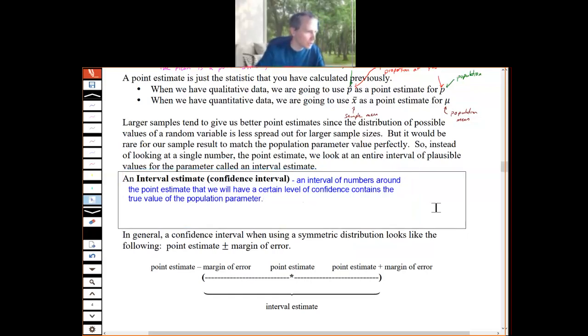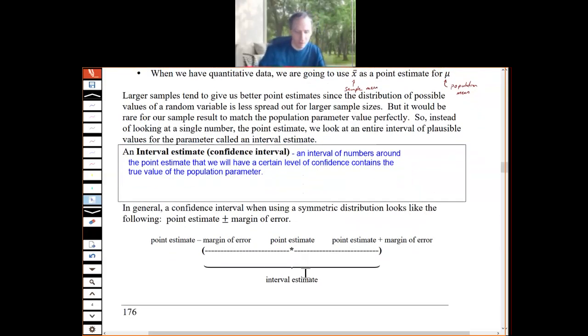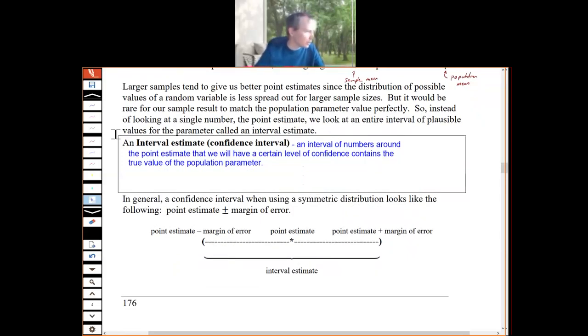Here's a little line graph that illustrates what we're talking about.